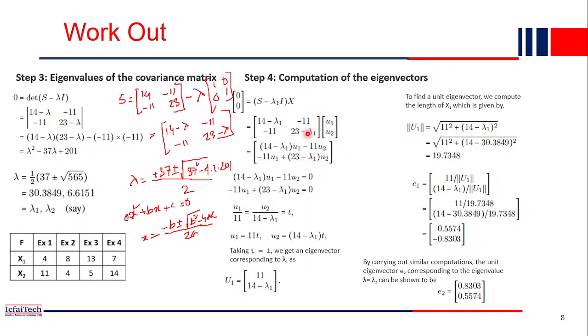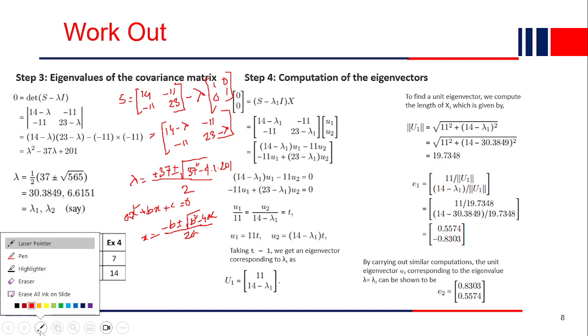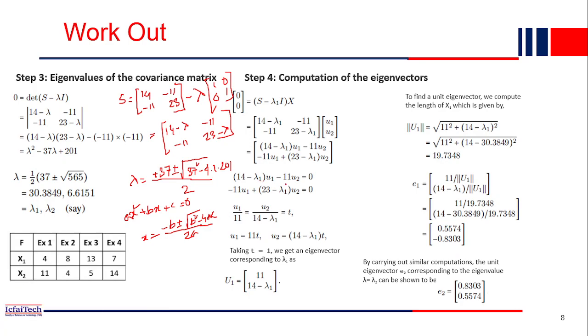So this must be equal to 0, right? So this is a 0, 0 matrix. Then the first row is equal to 0 and the second row is also equal to 0. Now the first row, if you rearrange, what will you get? I can write (14 minus lambda 1) u1 equal to 11 u2, right?